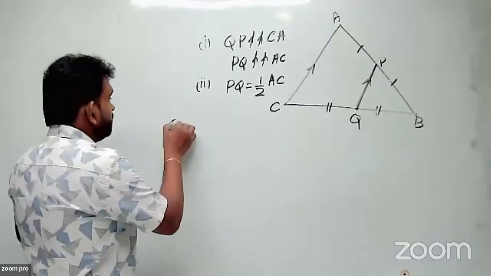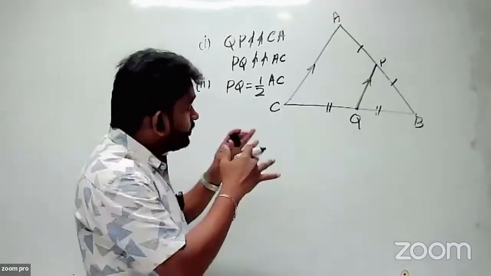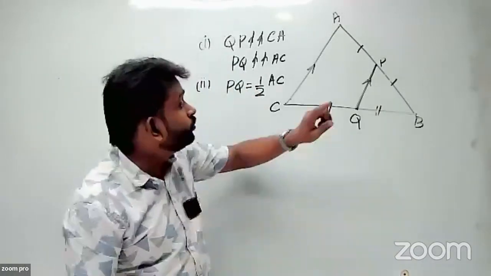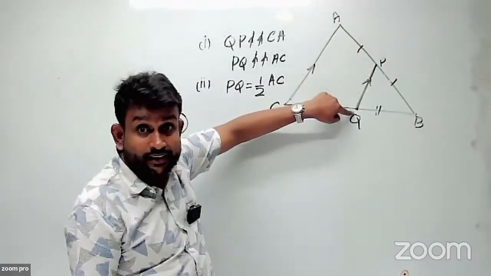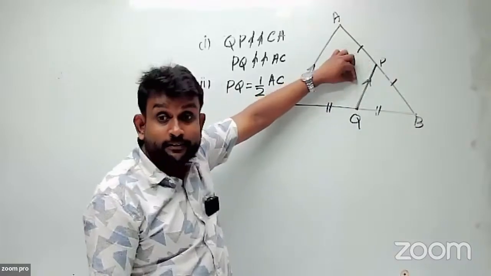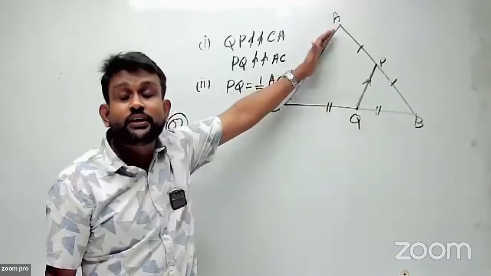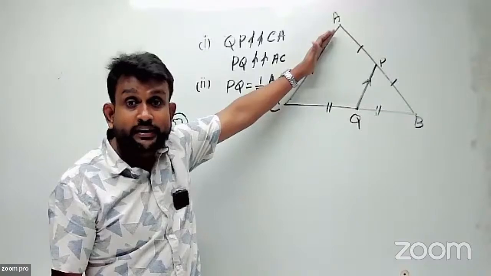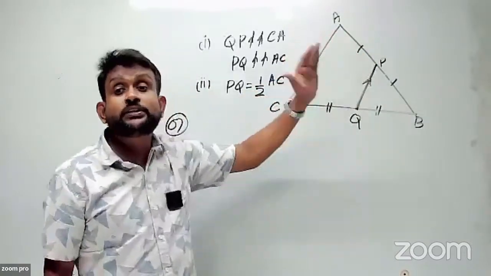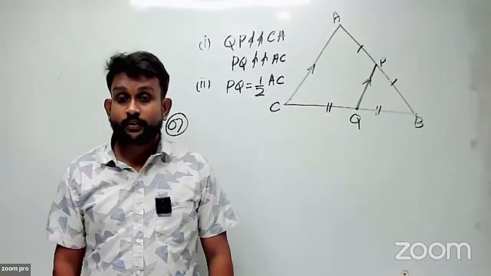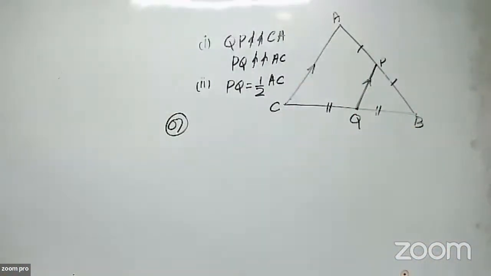What does the midpoint theorem say? When two midpoints of a triangle are connected, that connected line is parallel to the third side of the triangle, and that connected distance is half of the length of the third side. That is how we deal with the question.